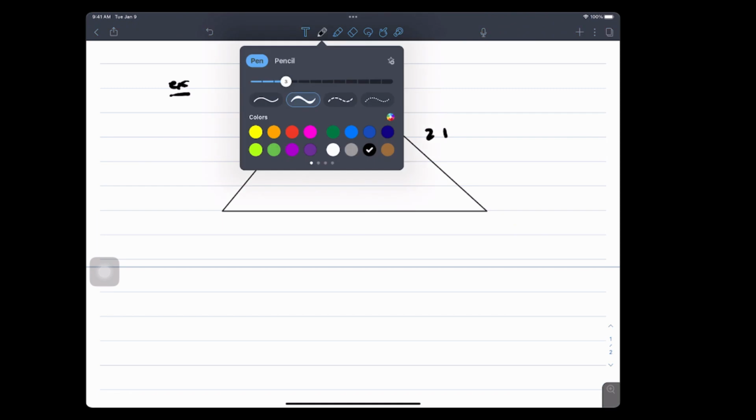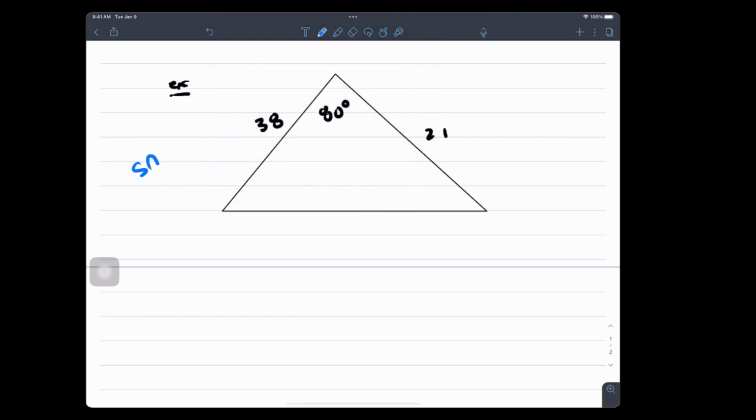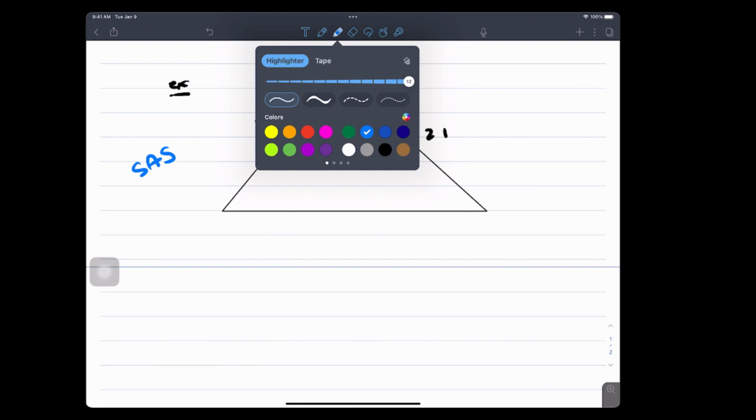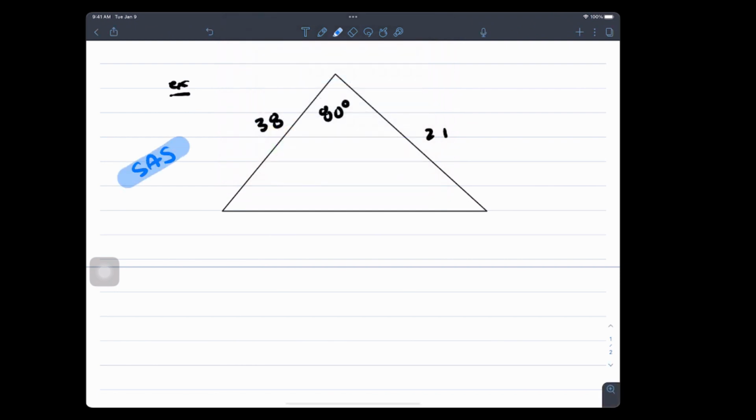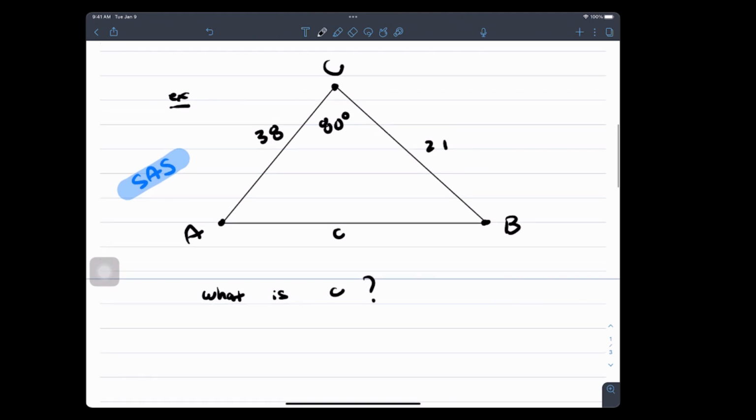We're going to work on the side, angle, side situation here. Okay? Now, just for simplicity's sake, we'll say A, we'll say B, and we'll say C here. So that makes this little c. You know what they're going to ask? They're going to say, what is little c?